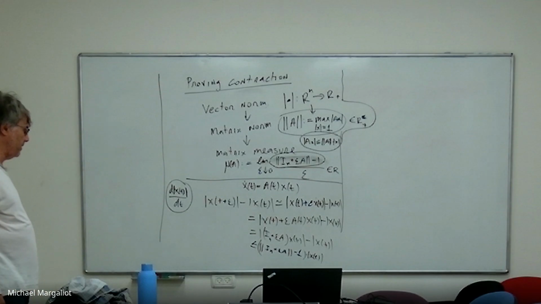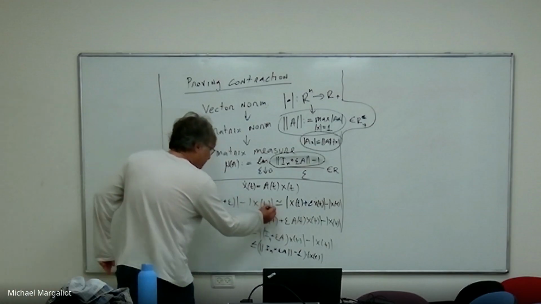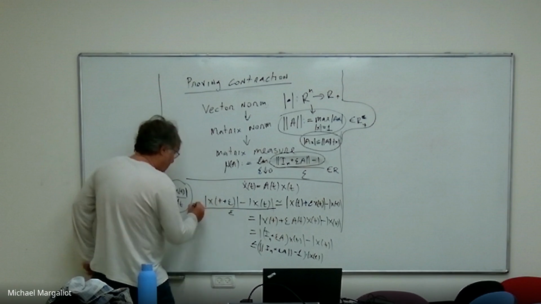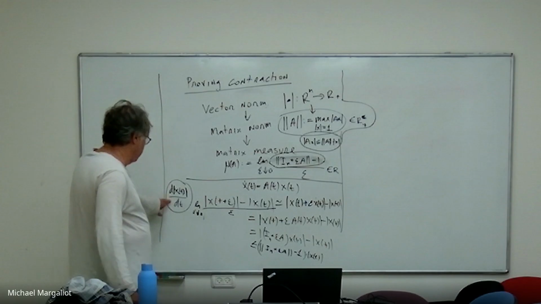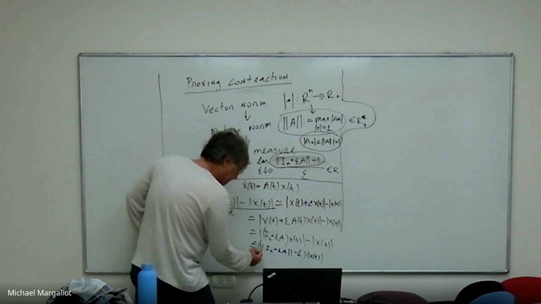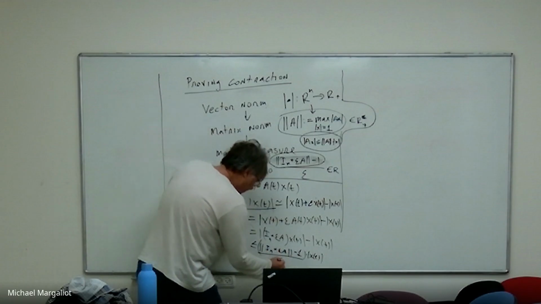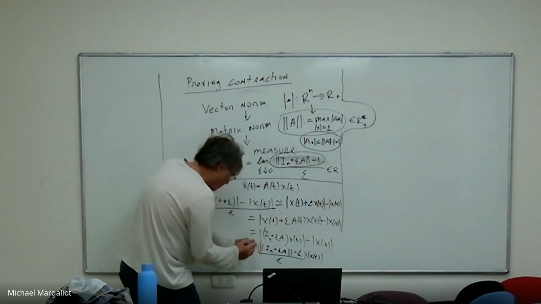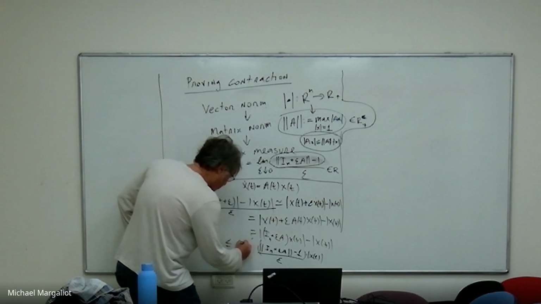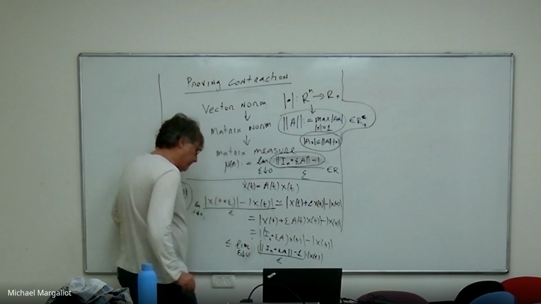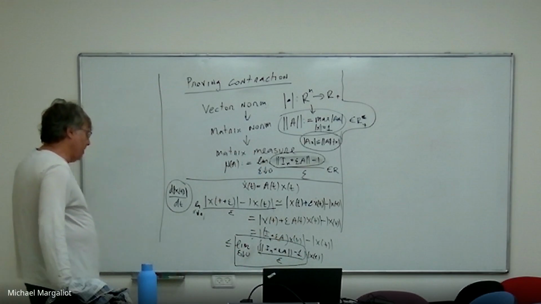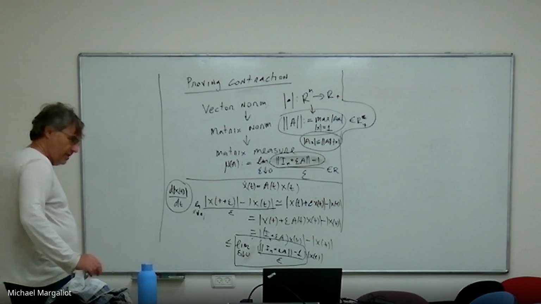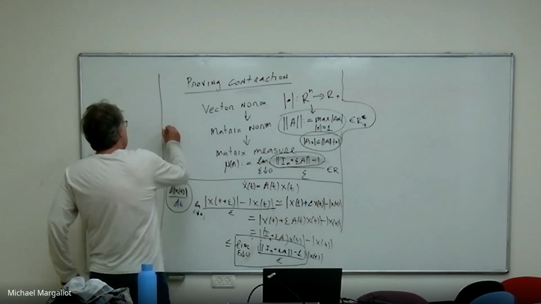So now I understand where it came from. Now, if I divide this by epsilon and take epsilon to 0, I get exactly this derivative. And here, I get exactly the matrix measure multiplied by the norm of x(t).